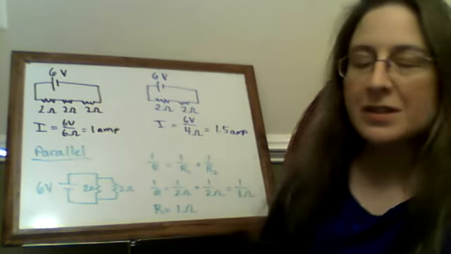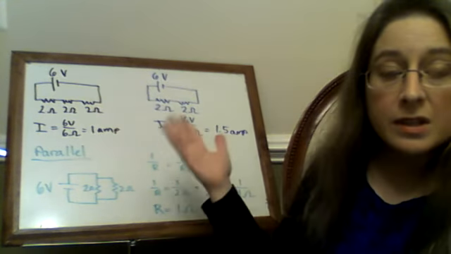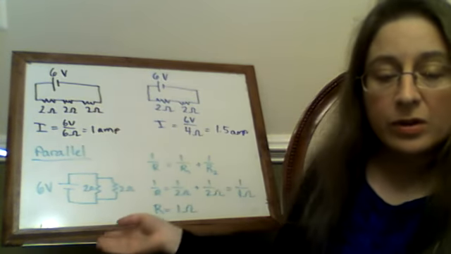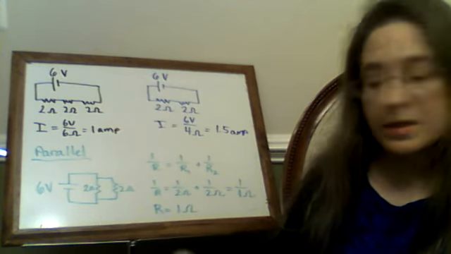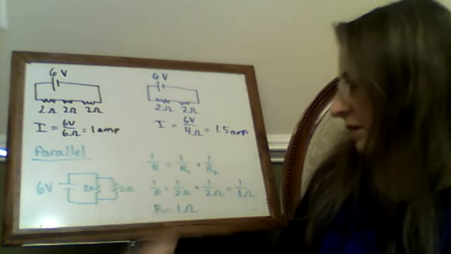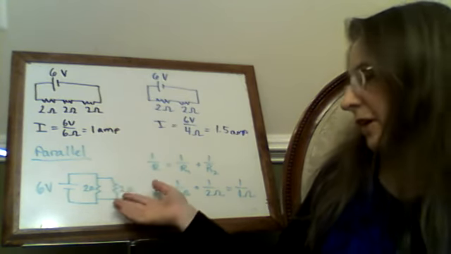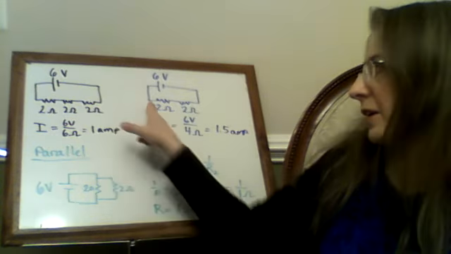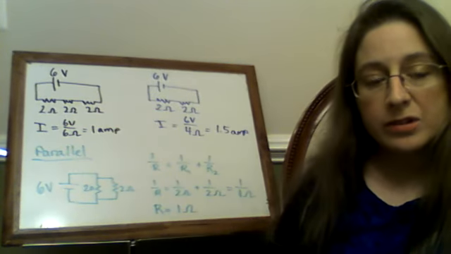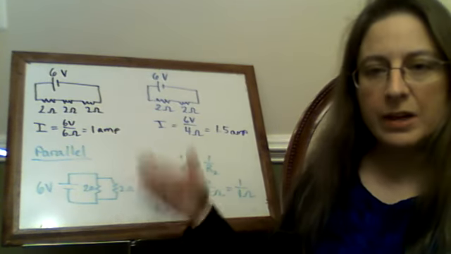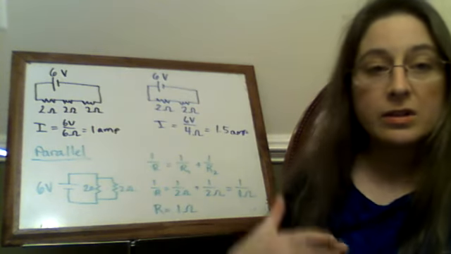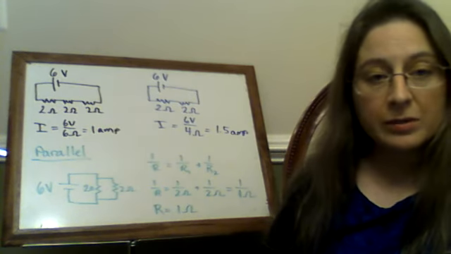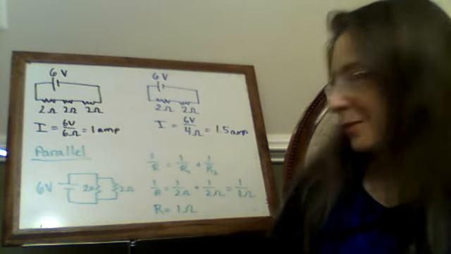So you can see that in parallel, two resistors have actually less resistance than either one of them has by itself. Whereas in series, you just add them up, so they increase the resistance of the circuit. Adding resistors in parallel actually decreases the resistance of the circuit, which is another counterintuitive thing about circuits.